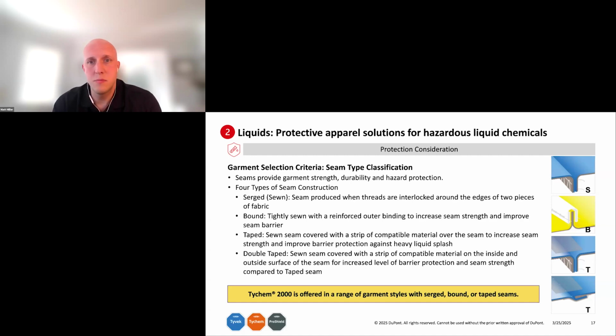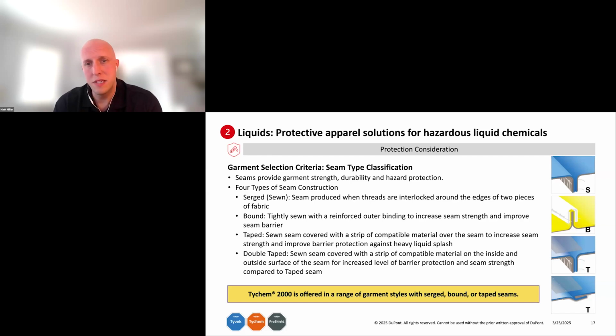So again, it's important as we're doing these assessments and we're having those conversations that we do address the seam type. And I'm going to touch on each of these seams that we offer. So the first one there is what's called a serged or sewn seam. This is a very, very popular seam. All of our standard Tyvek 400 garments come in a serged seam. So again, it's one that we see a lot in the market, but this is kind of like a shirt, right?